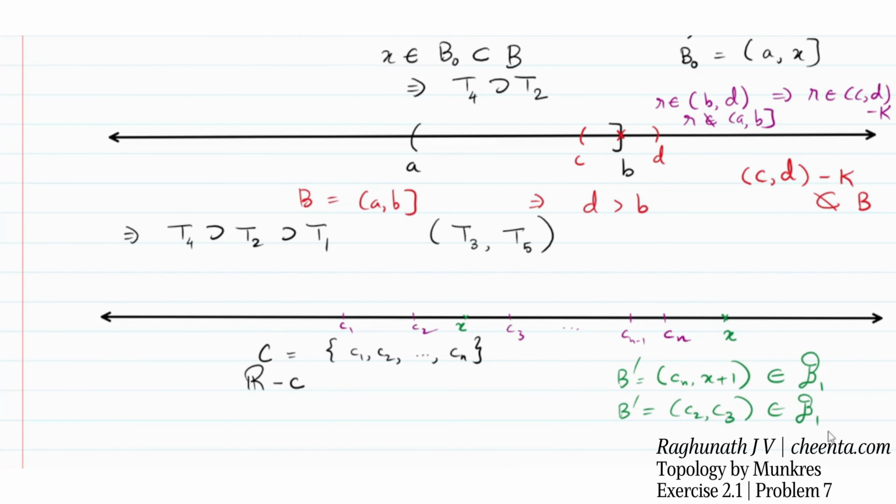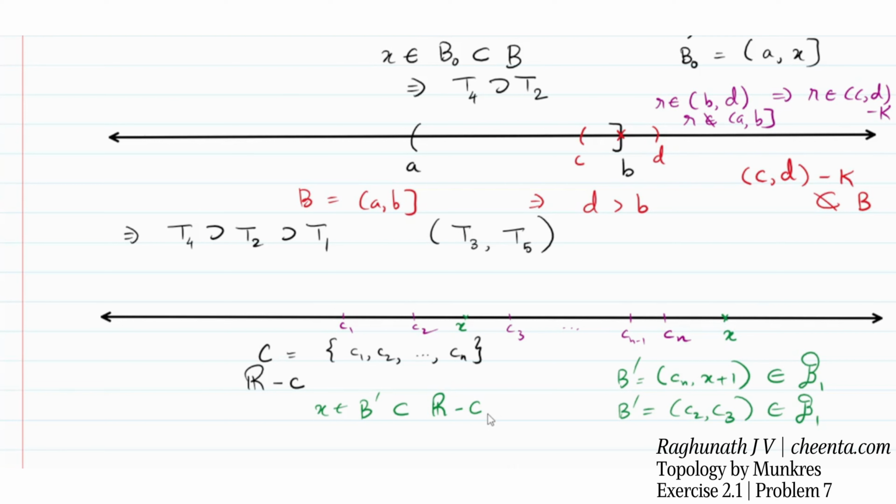So from this, I can say that x belongs to B prime, which is a subset of R minus C. So hence, for any element of any open set, there exists an open set in T1 which is a subset of the open set in T3.